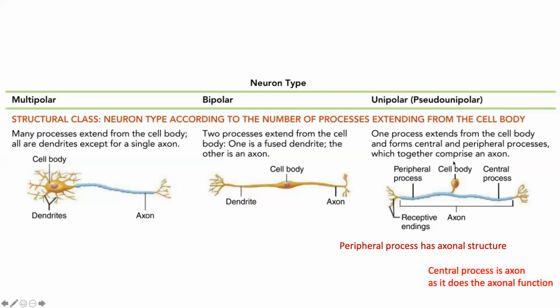And the third type is unipolar or pseudo-unipolar neuron. If you look at that, we have the cell body, and only one process comes out from the cell body. The dendrites unite and form a process here, which comes to the cell body, and then from the cell body, another branch goes out to the terminal endings, where the neurotransmitters will be discharged.